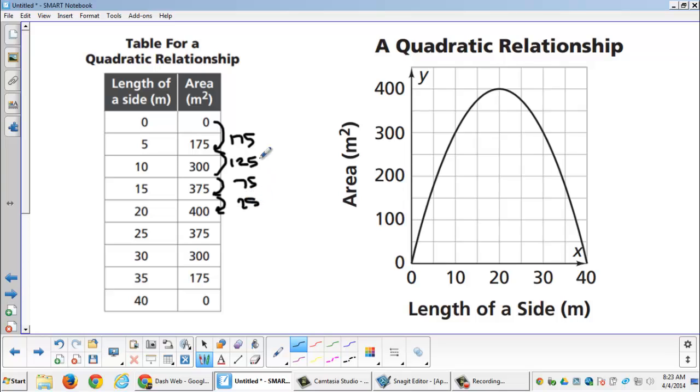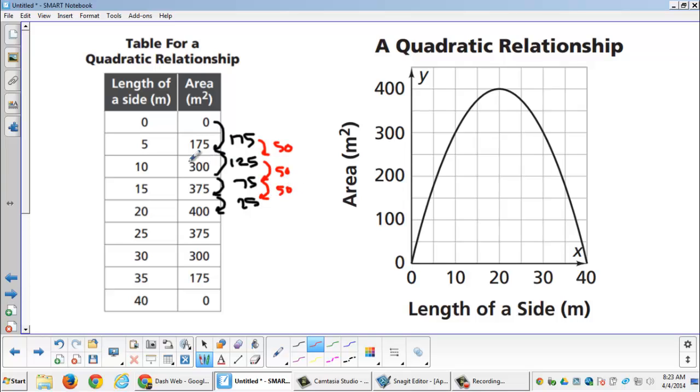But then we started to look at, is there a constant change between the values of our output at the second level? So the difference here is 50, and the difference between 125 and 75 is 50. The difference between 75 and 25 is 50.